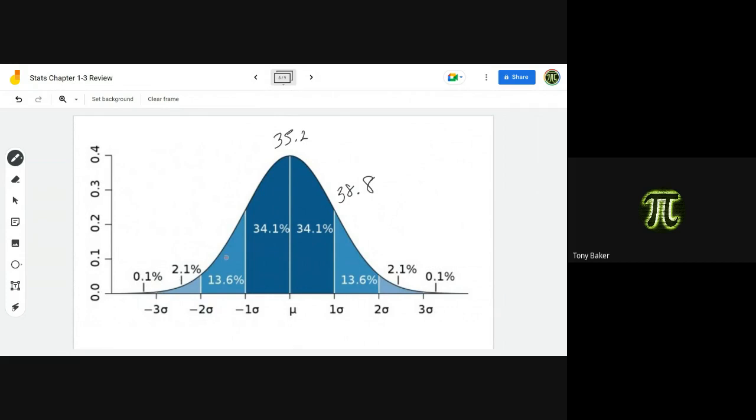If we start here at 0 and we go this way, this part right here is 50%. If we then add that, that number is the max for 84%.